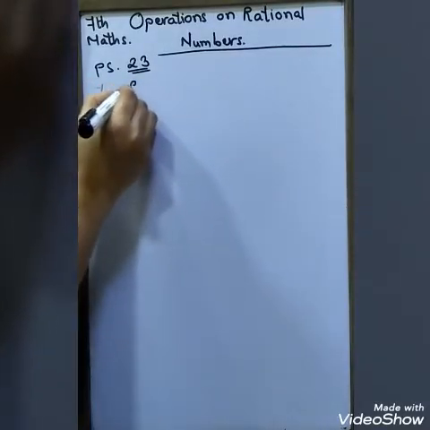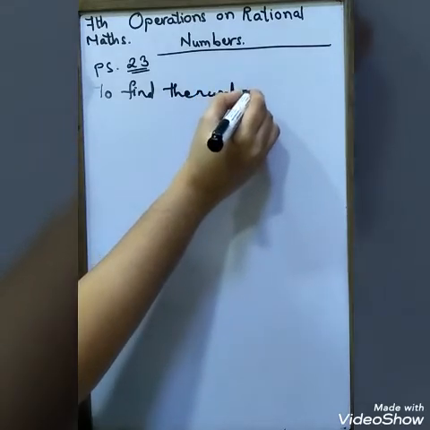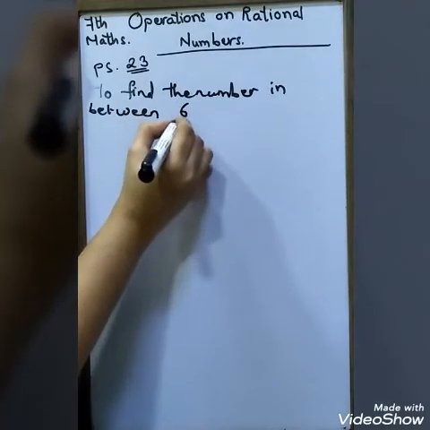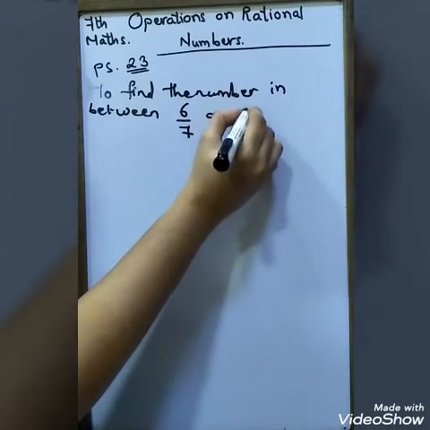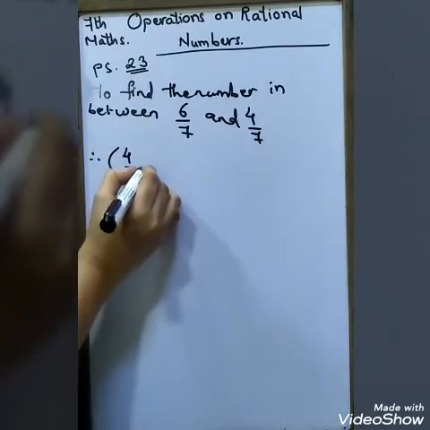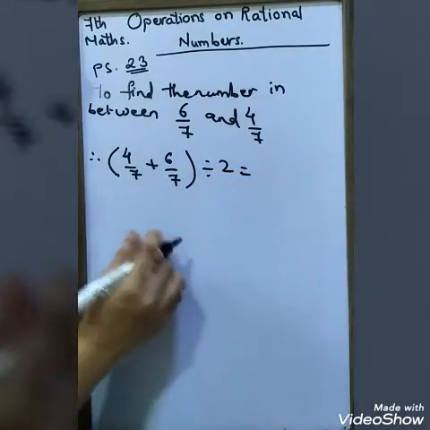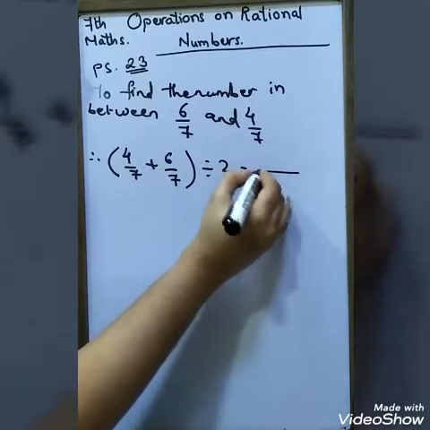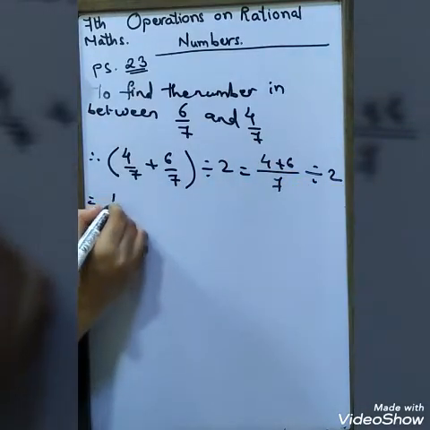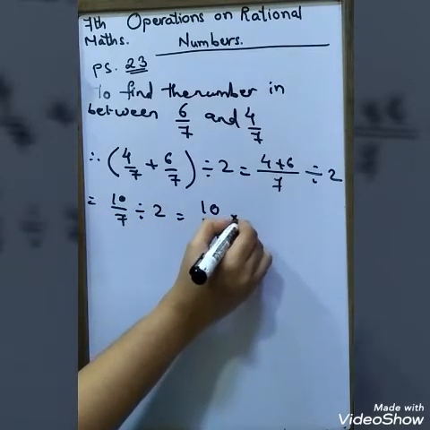To find the number in between 6/7 and 4/7, similar way, what we are going to do: 4 upon 7 plus 6 upon 7 divided by 2 is equal to 4 plus 6 divided by 2, that will be equal to 10 upon 7 divided by 2, that will be equal to 10 upon 7 into 1 upon 2.